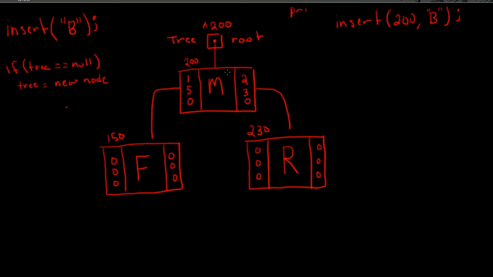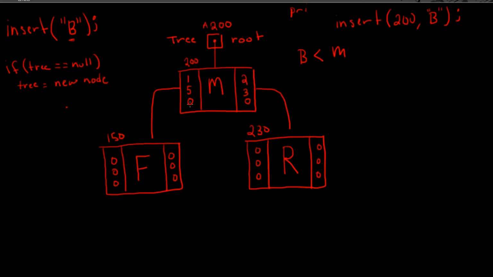Since this address is not null, it's got m, it's got this, it's got that, so it's got values in it. Then it needs to see if the new letter being inserted is greater than or less than the current value it has. In this case, b is less than m, so it's going to have to go to the left.